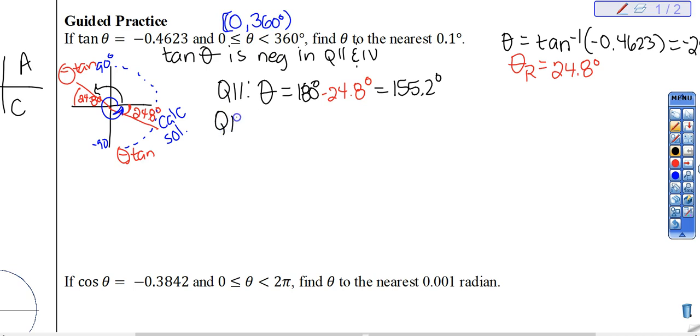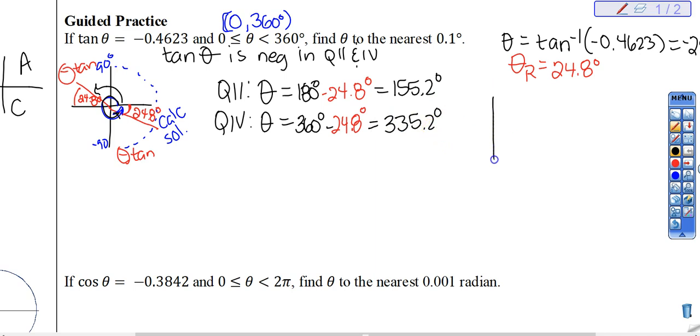And then in quadrant 4, theta is equal to, so I'm a little short of 360 degrees, right? If I'm going in a positive rotation from here to here. So I would take 360 degrees, subtract my reference angle of 24.8 degrees, and I would get 335.2 degrees.